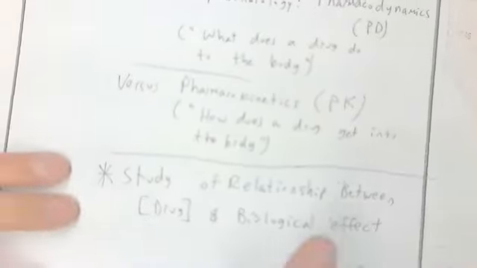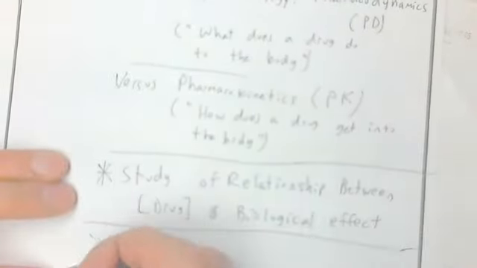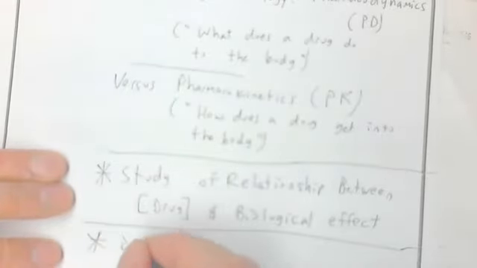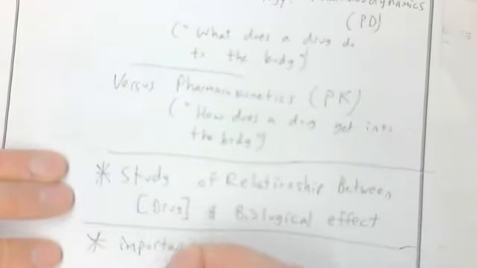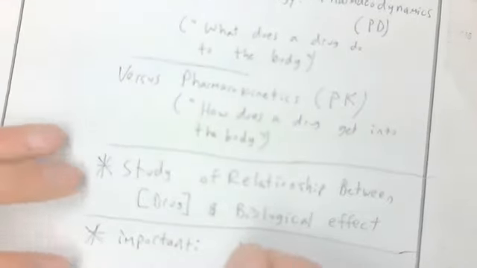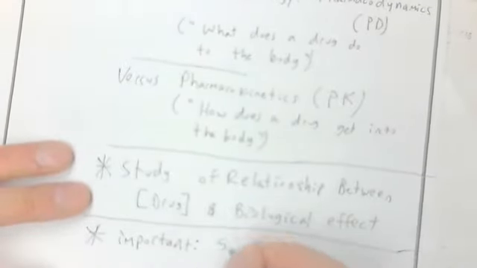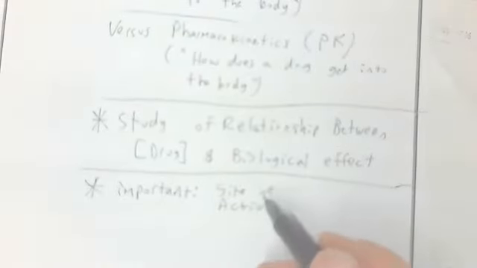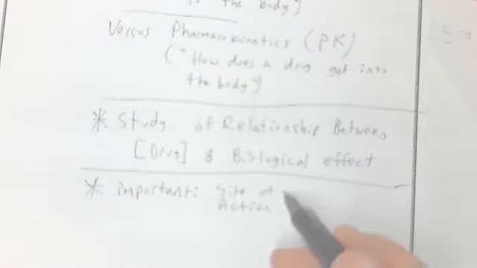Some of the important things you need to know for pharmacodynamics are site of action, which could be like a receptor or a protein or a DNA target.